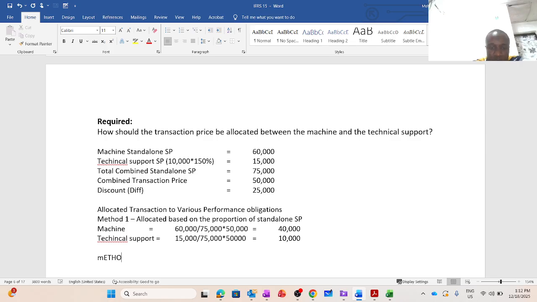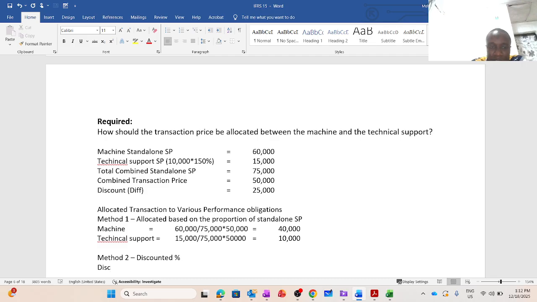Method two: we are going to use the discount percentage, the discounted percentage. So now you need to calculate the discounted percentage.